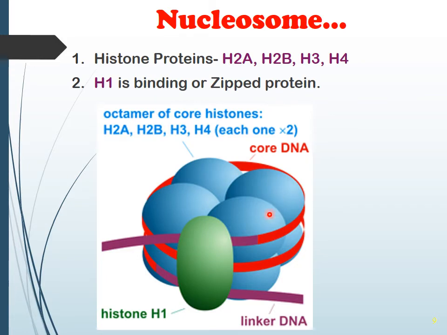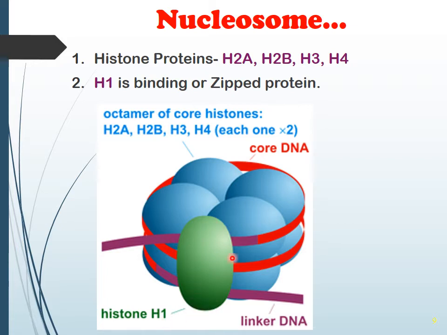Once these 8 ball-like structures are placed one above the other, the DNA, this red color ribbon-like structure, will be wrapped around it. Once it gets wrapped, to pack these 8 histone proteins along with DNA, we will have a specialized histone called H1 histone.